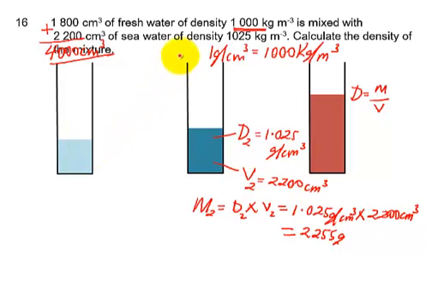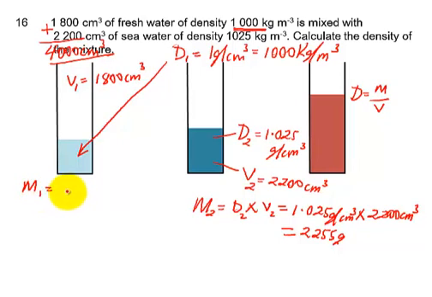The density of fresh water, we have already said it's D1, which is 1 gram per centimeters cubed. That is the density of this fresh water. Its volume, V1, is 1,800 centimeters cubed. So the mass of fresh water, which we can call M1, is D1 times V1.